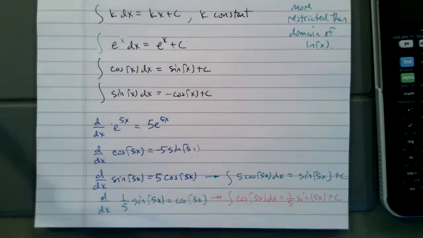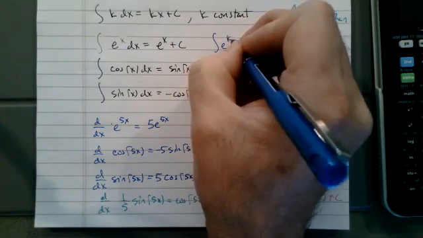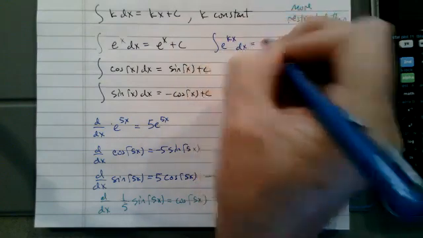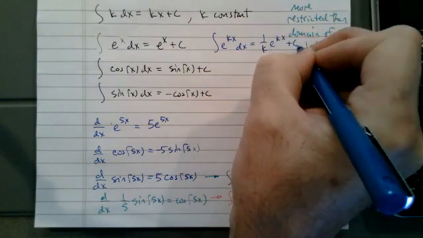So in this way, we can add to our 3 important indefinite integrals to remember. The integral of e to the kx dx is 1/k e to the kx plus c.